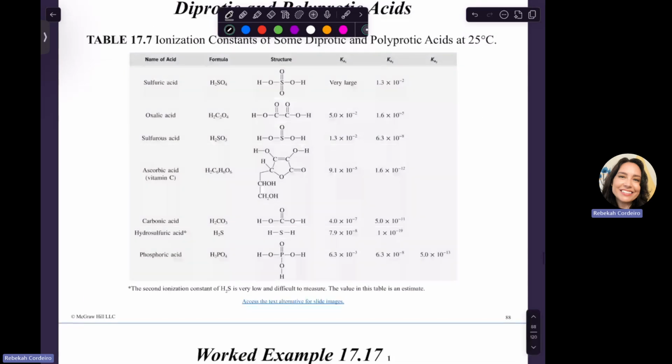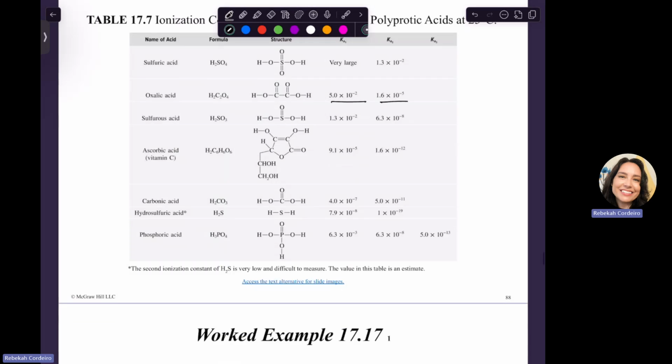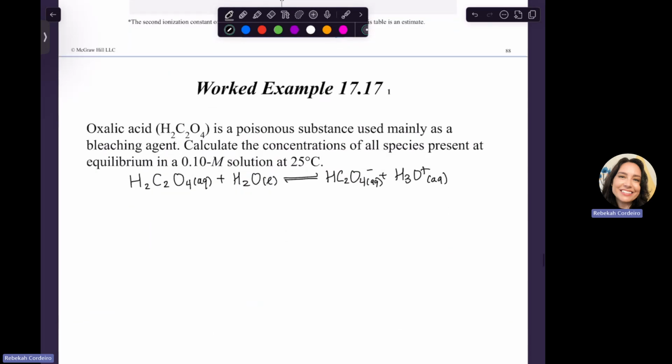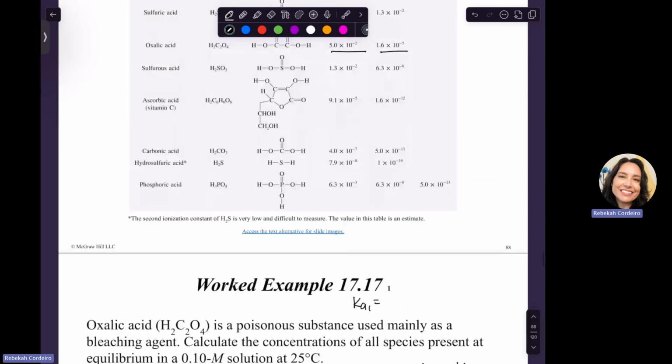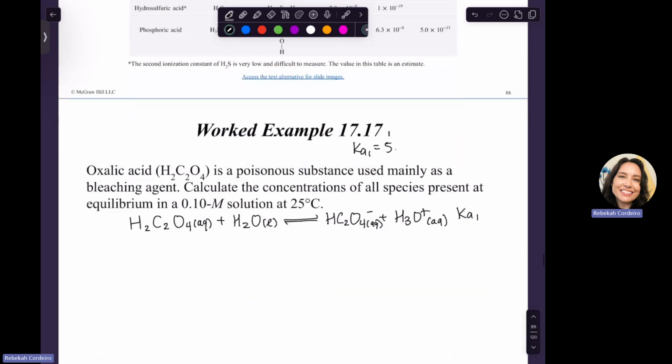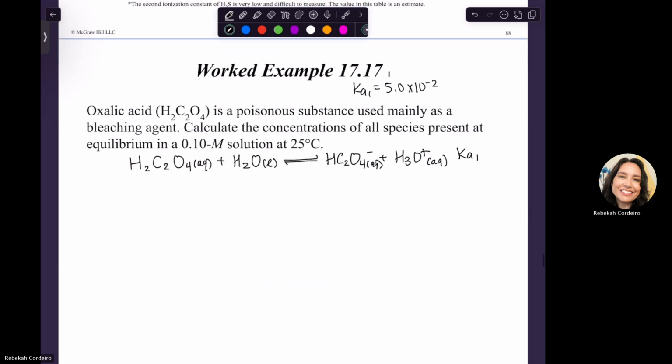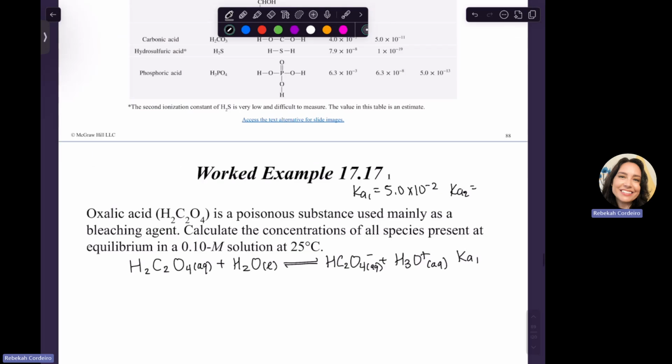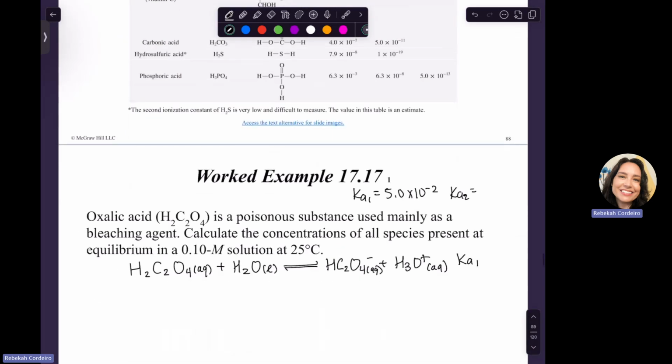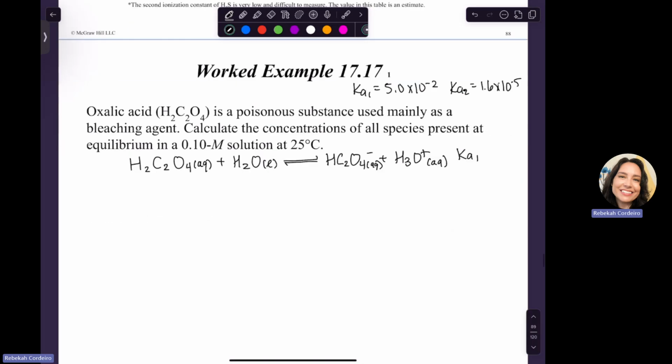So the Ka values are actually in this chart here. First one, so this would be my Ka1. So we can say Ka1 is equal to 5 times 10 to the negative 2. And then we can say Ka2, the second one, was equal to 1.6 times 10 to the negative 5. We're just getting that from the chart from the previous page.